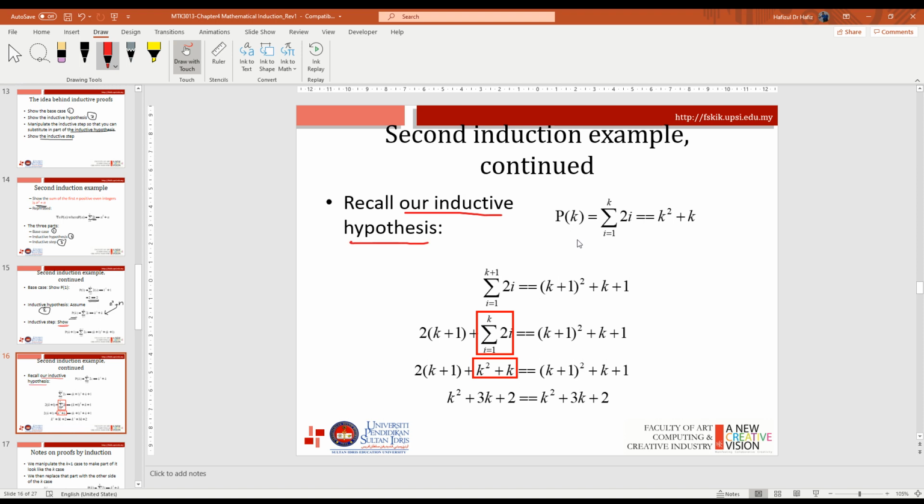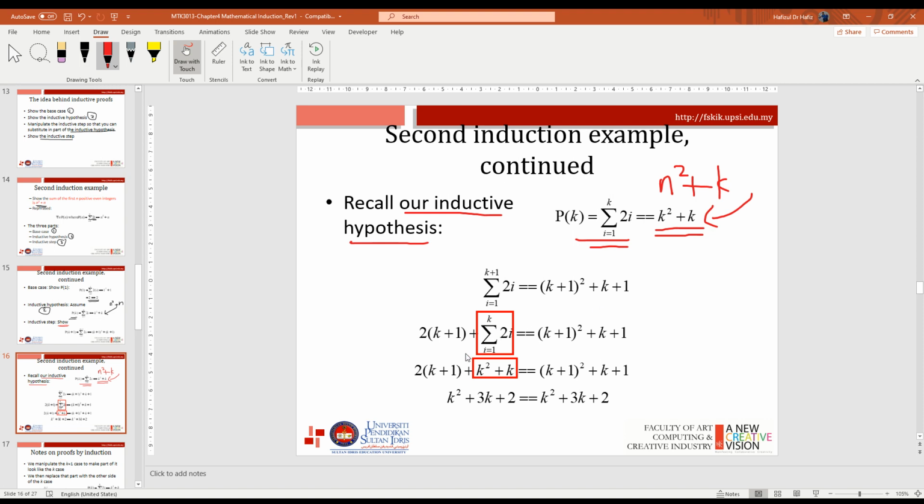This one is k power of 2 plus k for the first example. Okay, this one is the term. We want to prove this one is the same as this one. So the sum of 2i up to k plus 1 is equivalent to k plus 1 power 2 plus k plus 1.